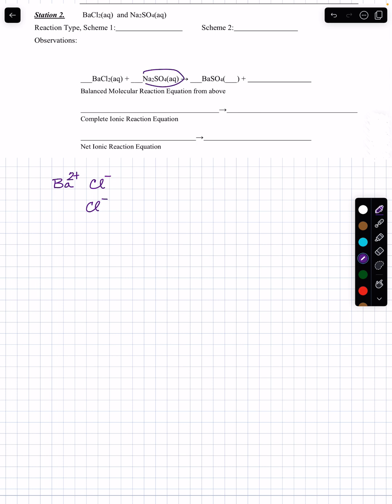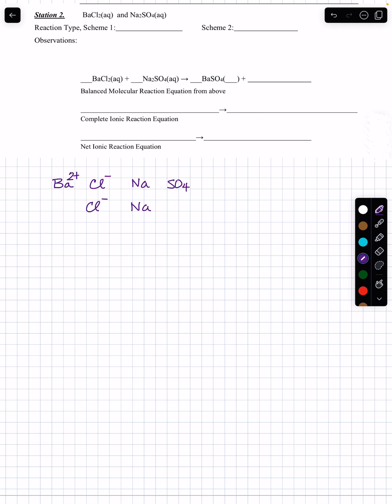And then let's look at the next one, sodium sulfate. And here we've got 2 sodium ions, Na2, so there's 2 of those, and sulfate, SO4. There's only 2 kinds of ions, so we're not going to split up the sulfur and the oxygen.